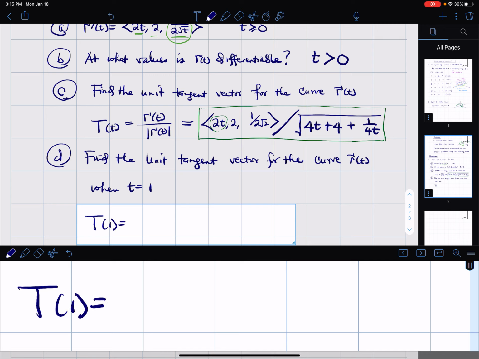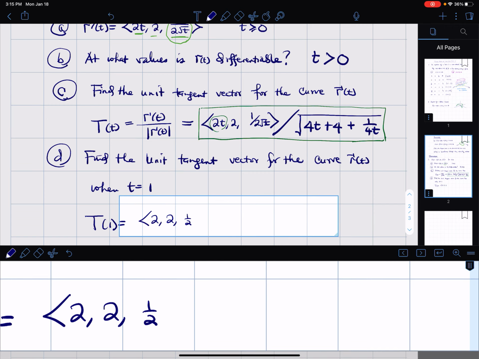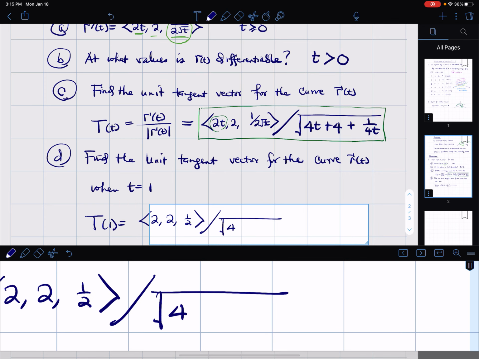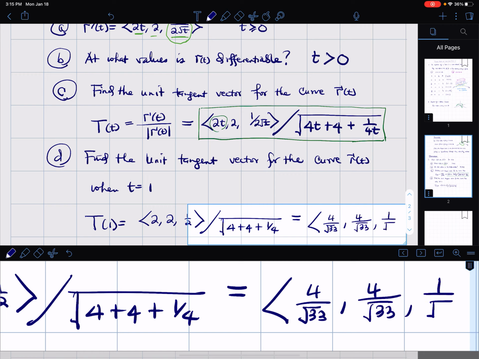If you plug 1 here, you get 2, 2, 1/2, divided by the square root of 4 plus 4 plus 1/4. If you simplify further, you're going to get 4 over root 33, 4 over root 33, and then 1 over root 33.